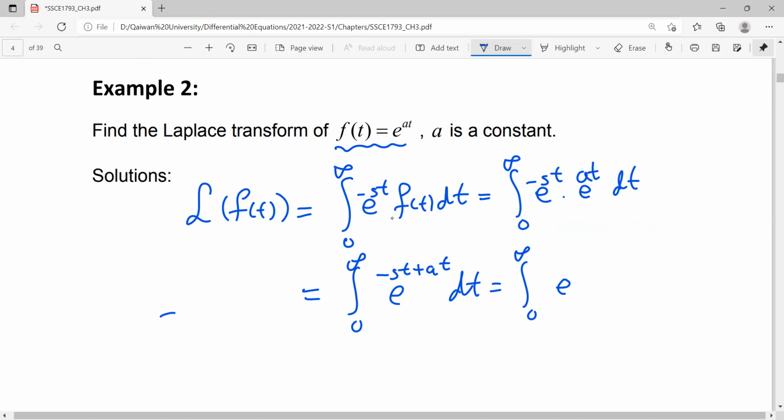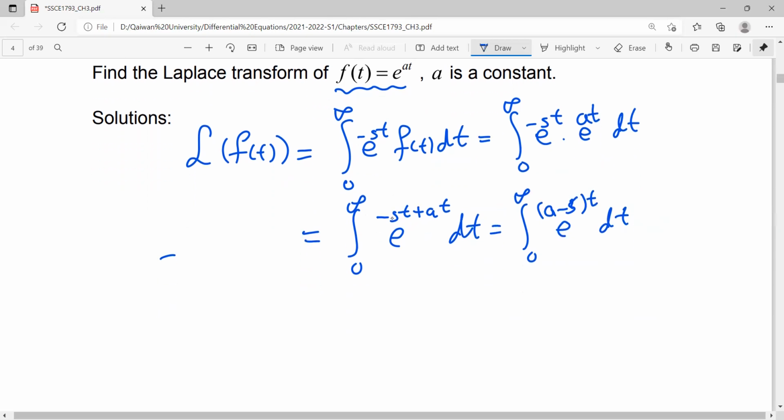It equals the integration from 0 to infinity of e to the power, and here we take t as the common factor, so you get a minus s, times t, dt. Here we just took t as the common factor between the terms in the exponent. Now we can take the integration.